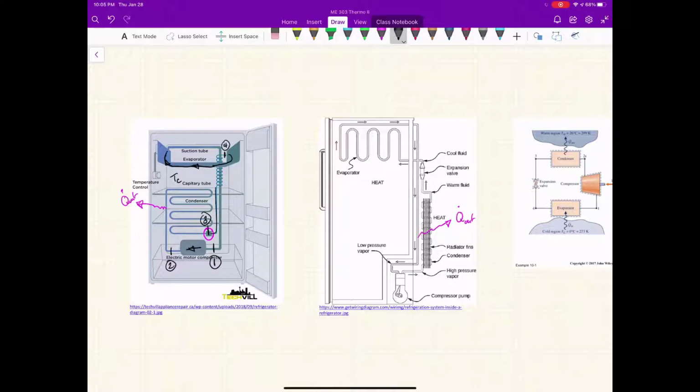And once it gets to the other side of the evaporator, the pan that makes up the bottom of your freezer section, of course this entire pan is roughly at the same temperature because it's a saturated liquid vapor mixture. But once we get out of it on the other side, then we pretty much have a saturated vapor, maybe even slightly superheated vapor. And we're ready to repeat the process at that point.